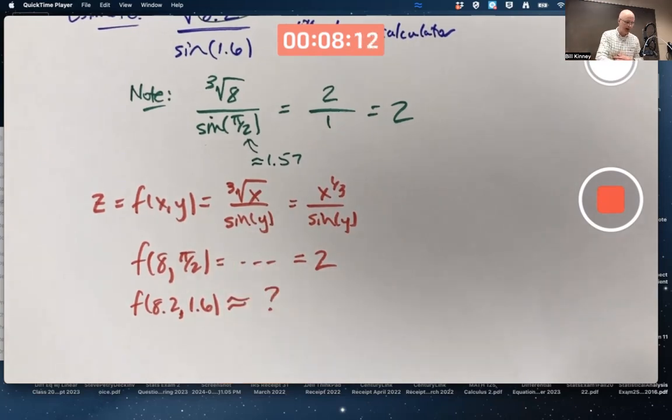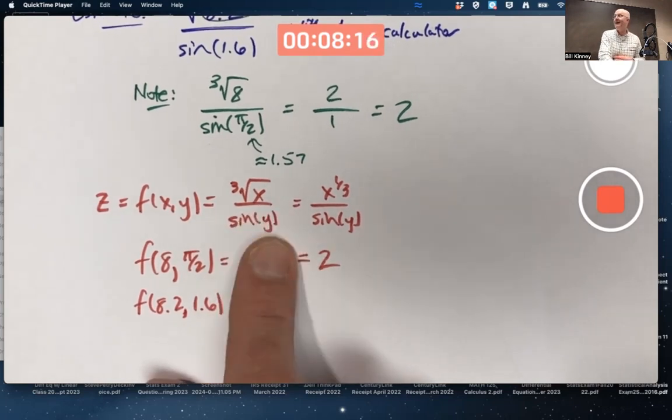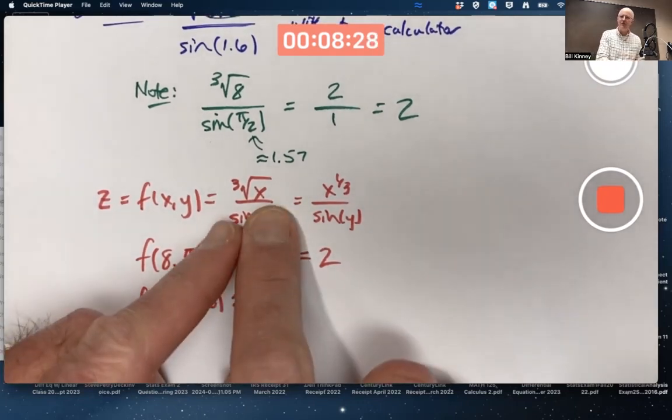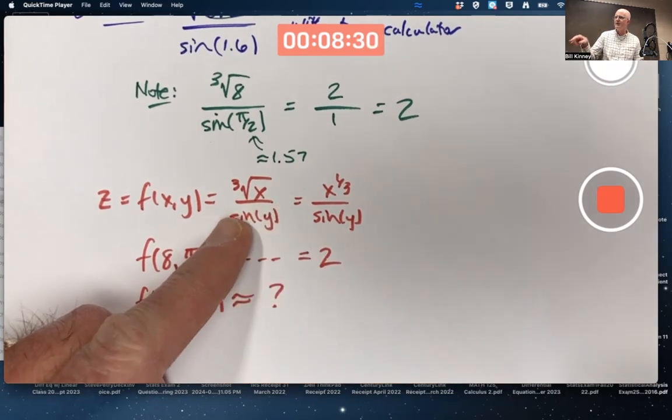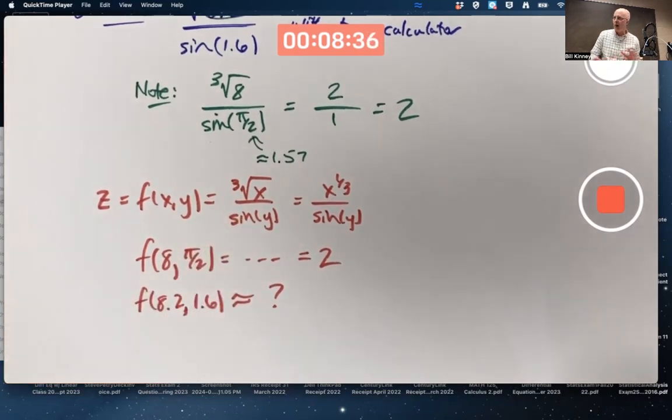It'll go off to infinity because you'd be dividing by 0, close to y equals 0, close to y equals pi, at integer multiples of pi. Also near x equals 0, the cube root function has a vertical tangent, so strange things are going on near x equals 0 as well. But we are away from those points, so we don't have to worry about it. It's going to be some smooth surface near this point.